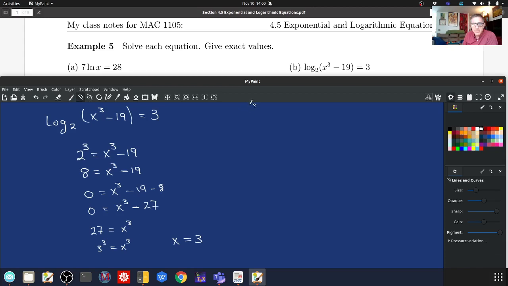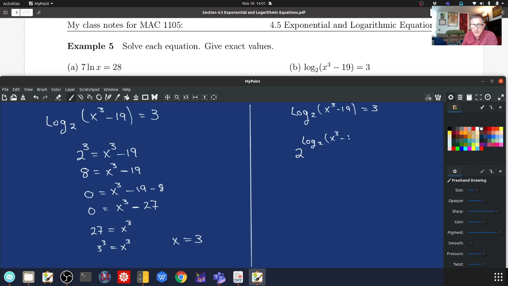The other way to do it, especially some of you who will be physicists, is just immediately, let me repeat all this over here. After the first step, we'll pretty much get the same thing. The base is 2, so I'm going to raise 2 to the log, to the base 2, of x cubed minus 19, which is equal to 2 to the third.